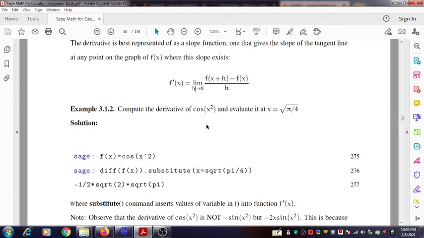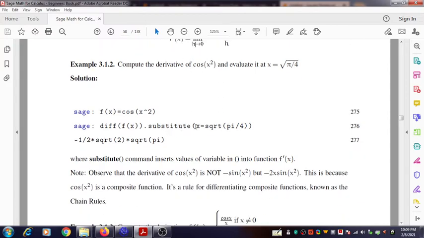You can see the solution given here. First the function f of x is defined according to the question: f of x equal to cos of x square. First you write cos and then x square in brackets.